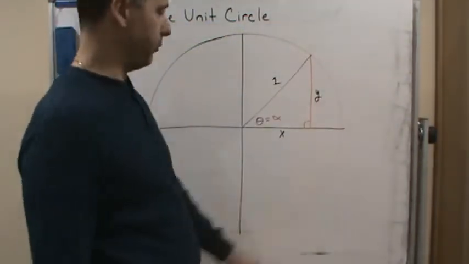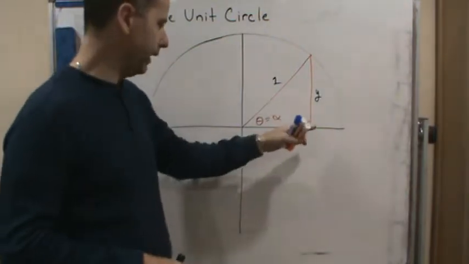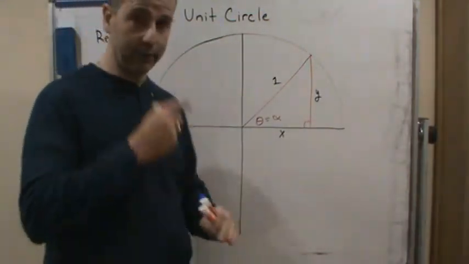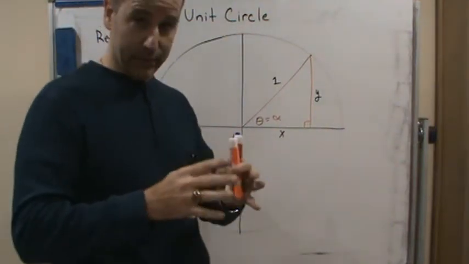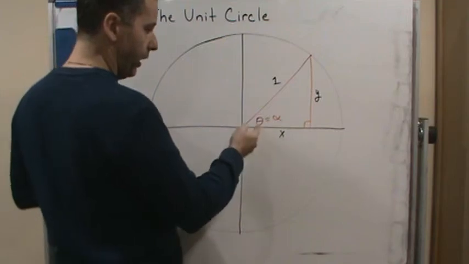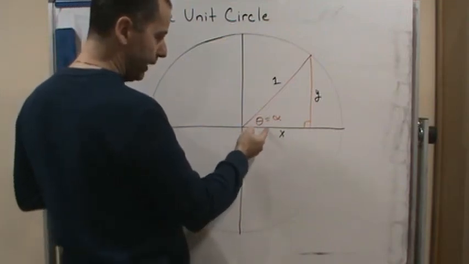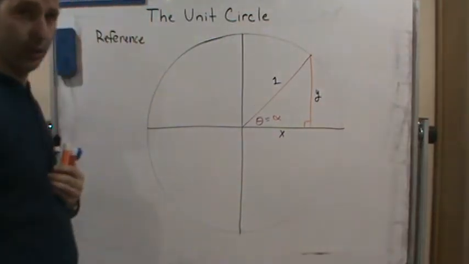Here in the first quadrant, right? But the question is, what happens if our angle is in the second, third, or fourth? I've touched on this in other videos, but now I'm going to make it clear. Theta can go anywhere from 0 all the way around to 360 degrees.